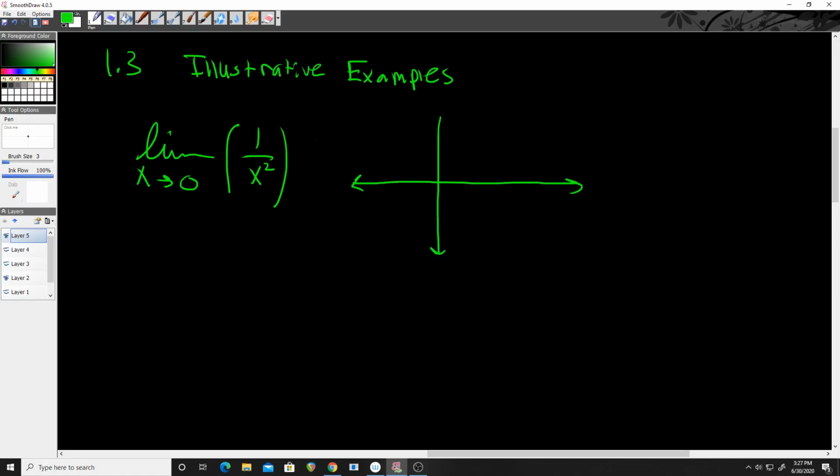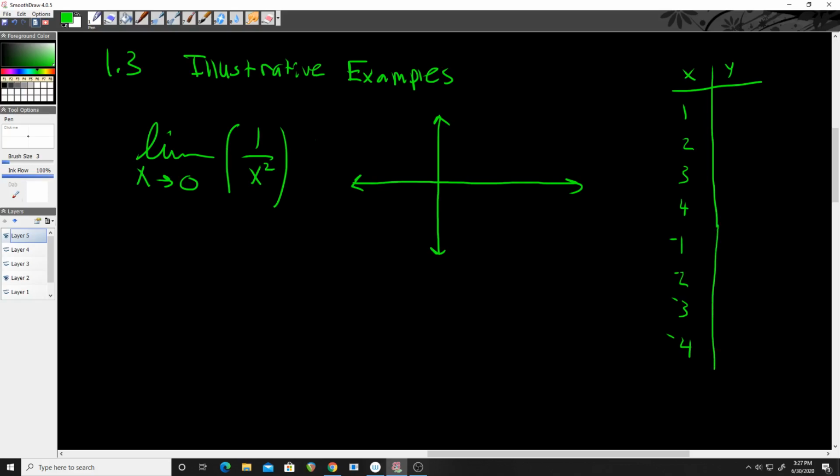The function 1 over x squared, what does it look like? Well, if you're not sure, make a quick table, right? X, Y. Let's do 1, 2, 3, 4, -1, -2, -3, -4, and then we'll do some other numbers after that.